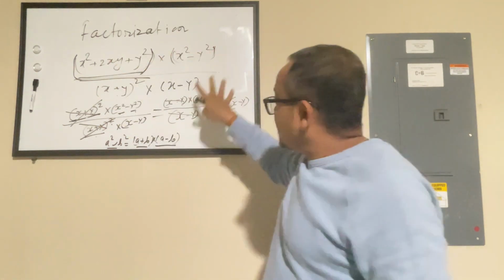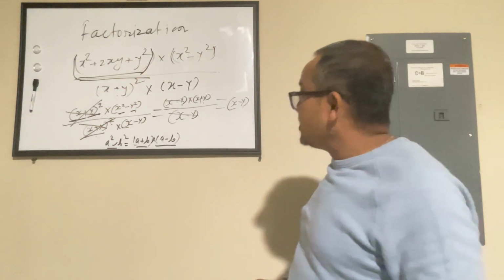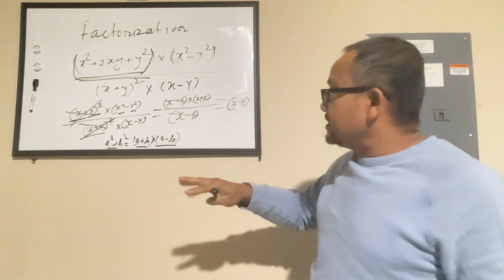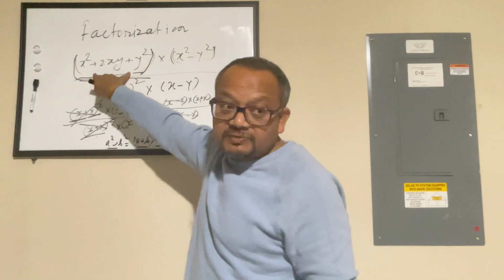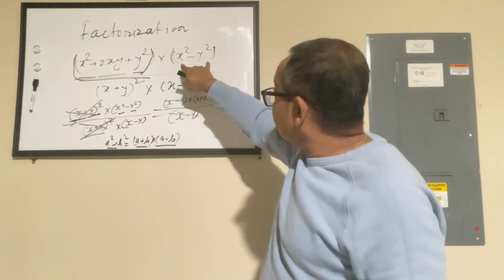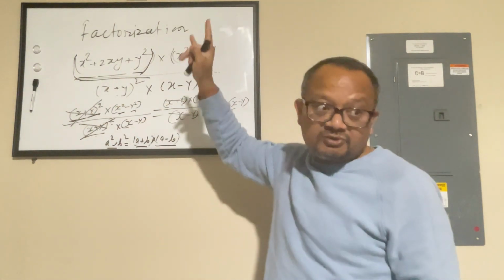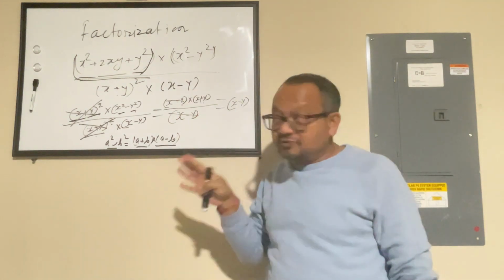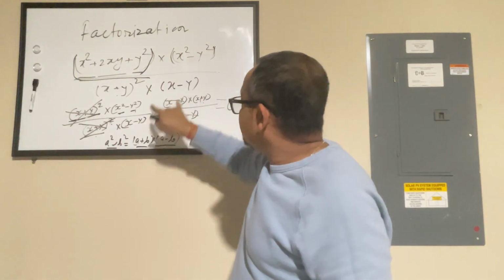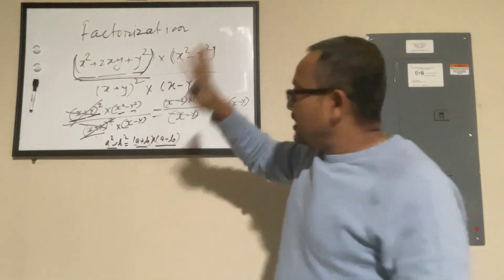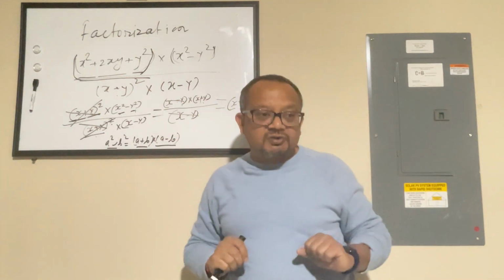Once you have read the question and understood what is to be done, you analyze. Your analysis should say, oh, this is (a+b) whole square. Oh, this is a squared minus b squared, which is (a+b)(a-b). Before you start, you will know this is a squared minus b squared, so you have a fair idea how to do it.